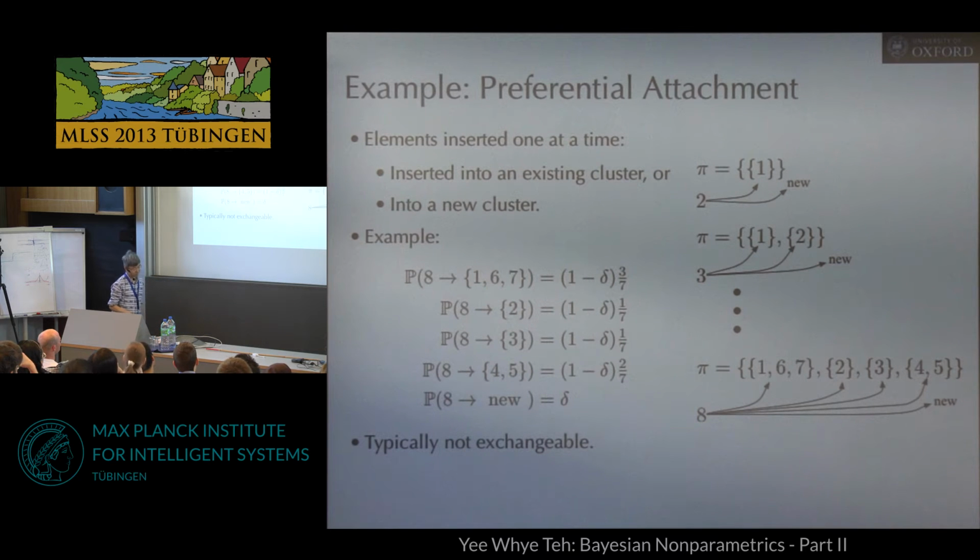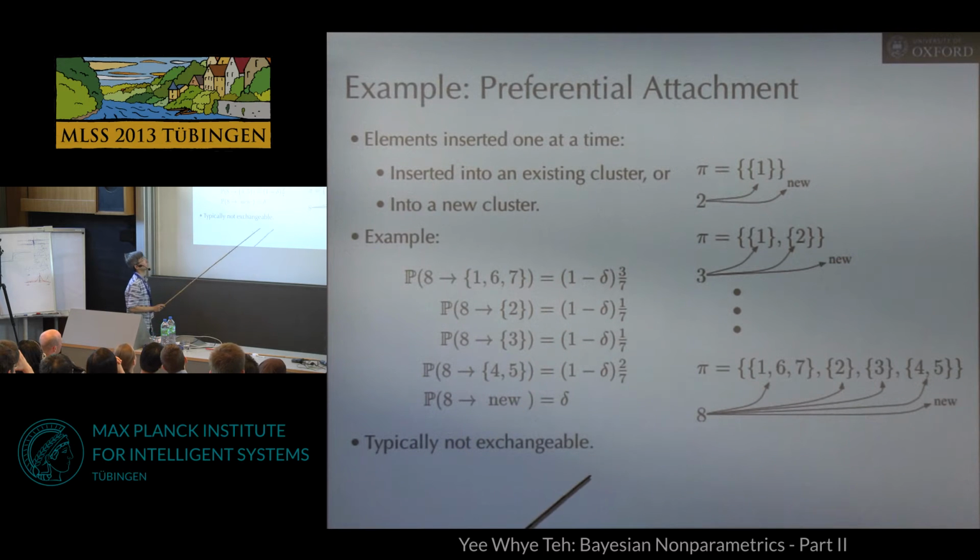In some of the network modeling models that people in random networks have explored, they have this idea of a preferential attachment model where, when a new element comes in, the probability of it joining a cluster that's large is large.